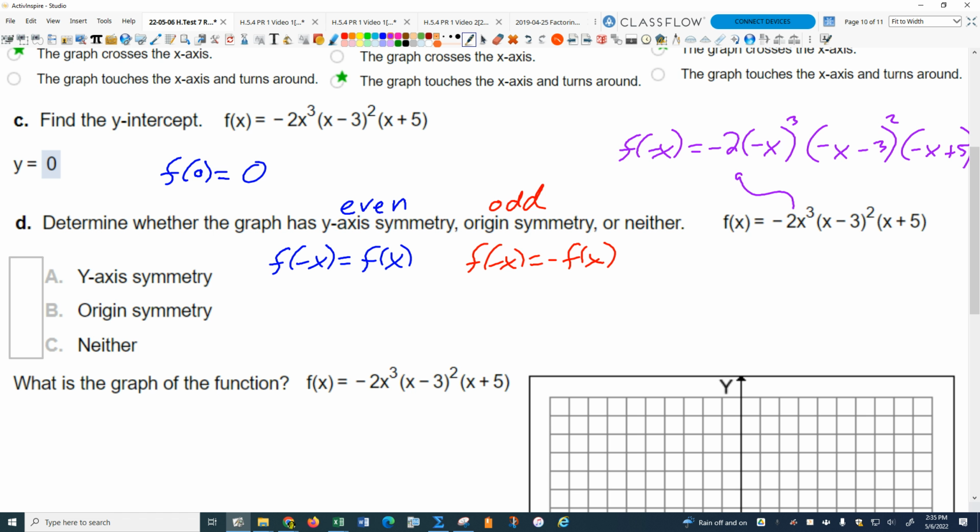If you have a polynomial with only even powers of x, it's guaranteed to have even symmetry. That's why we call it even symmetry, because we're thinking polynomials here. If we have a polynomial that has only odd powers of x, then it's got odd symmetry. If it's got even and odd, it all goes away. Neither one of them works.